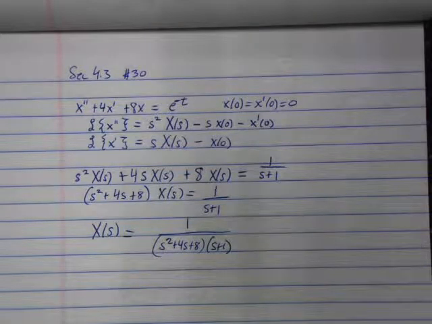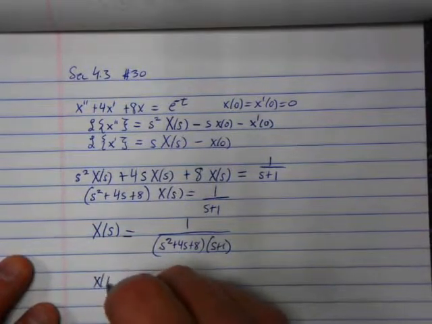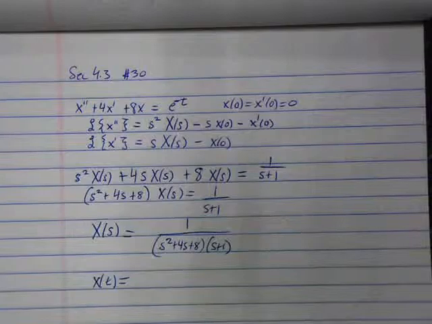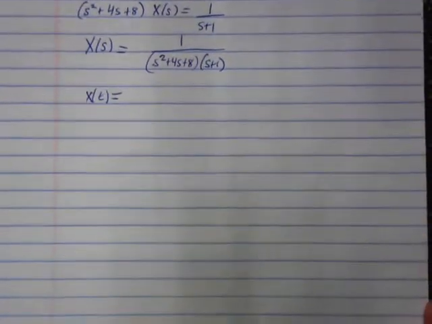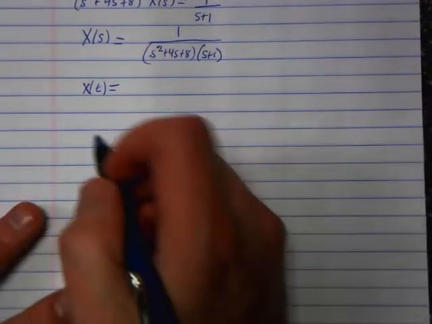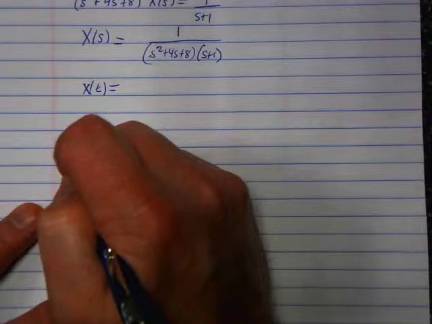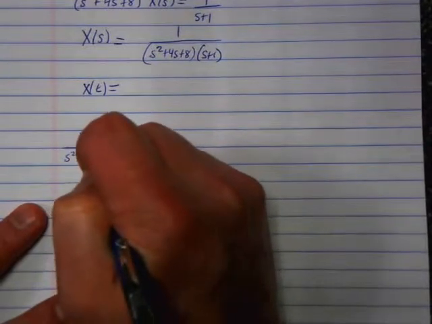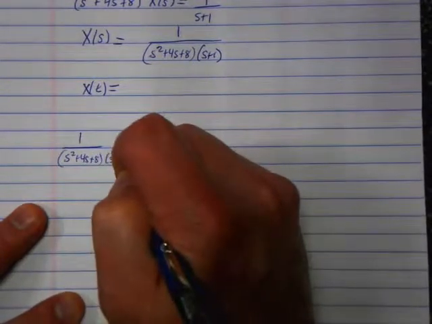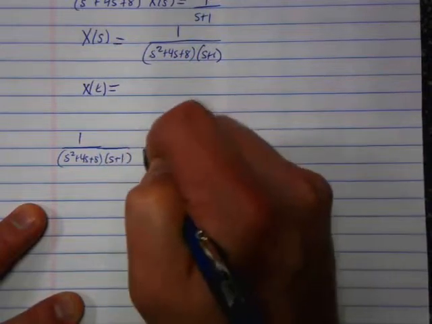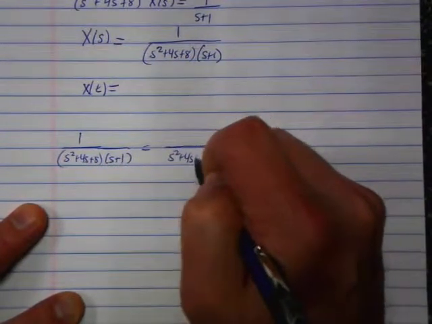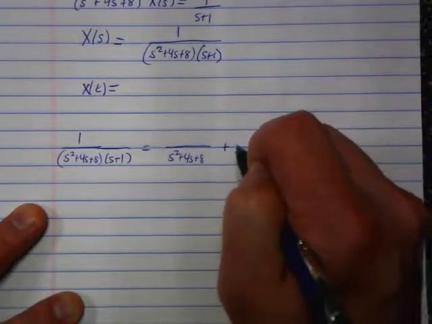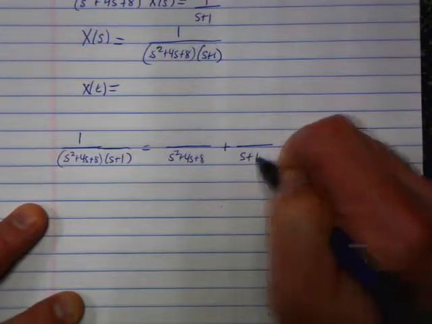All right, so I'm going to leave some room there for little x, eventually that'll be my answer. But what I need to do now is take 1 over s squared plus 4s plus 8 times s plus 1 equals, I'm going to have an s squared plus 4s plus 8 on the bottom of one of my fractions and an s plus 1 on the bottom of my other.